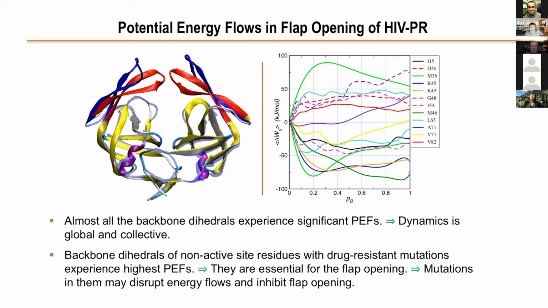That means they are essential for the flap opening process, which is critical for the functioning of HIV protease. So mutations in them will disrupt this energy flow and consequently inhibit this flap opening process. And that's why mutations in them produce drug-resistant effects.